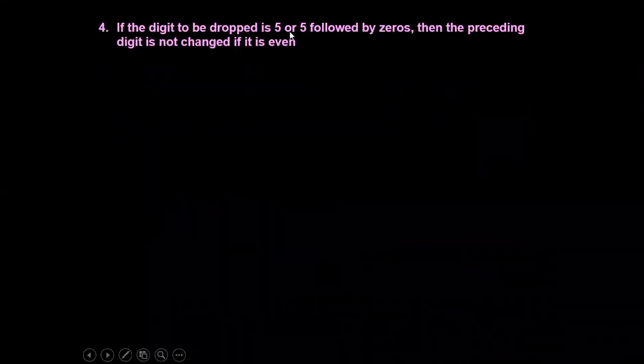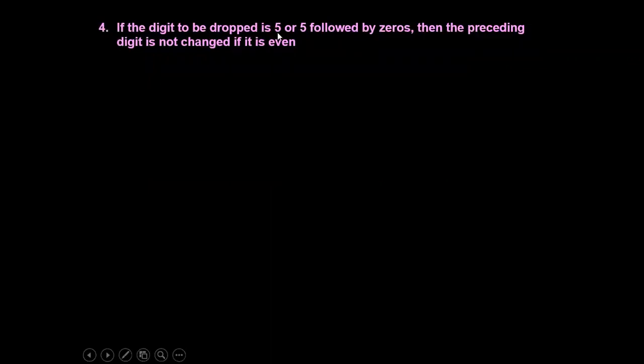Both come under here. So if the digit after 5 is 0, or only 5 is there with no more digits after that, then the preceding digit is not changed if it is even.